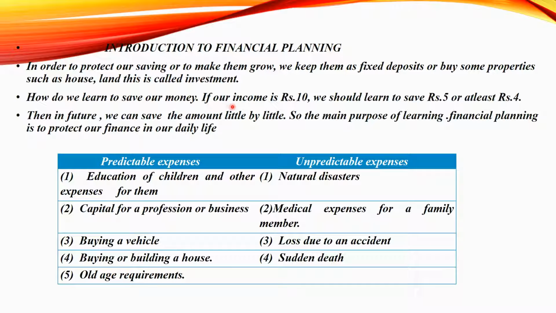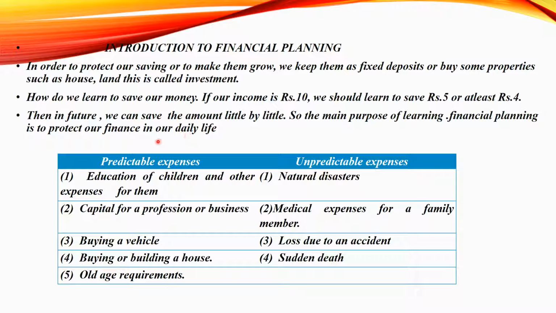If our income is rupees 10, we should learn to save rupees 5 or at least rupees 4. Then in future we can learn to save the amount little by little. So the main purpose of learning financial planning is to protect our finance in our daily life.